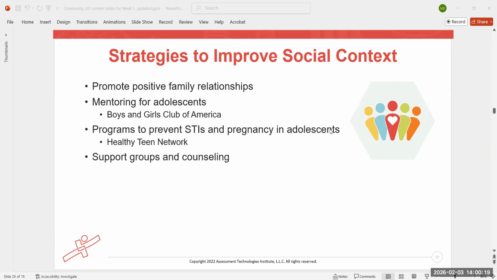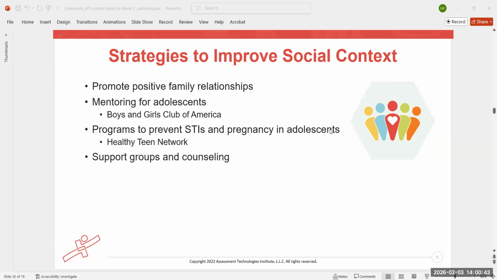Also extracurricular activities with sports in schools, or programs within school or community centers on how to prevent STIs, or support for adolescents who find themselves pregnant to help them make the best choices for their health and the safety of themselves and also their babies.